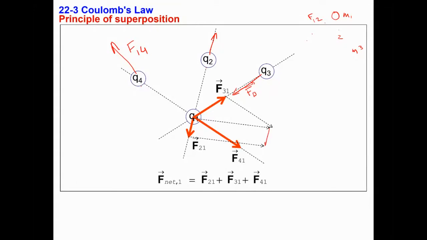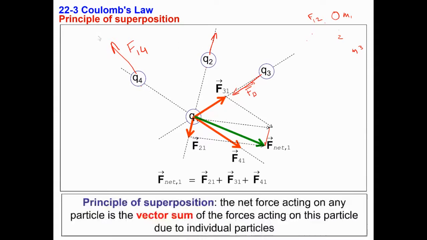Oops, I lost my pen. Okay, all right. So here, this is the net force. So if you have a diagram of the forces, you can add them graphically. And if you have the unit vector notation, you can add these vectors by adding the components of the vectors, x components separated from the y components and the z components.